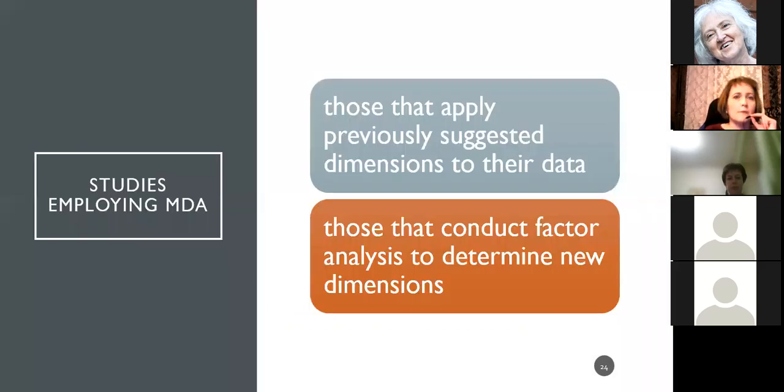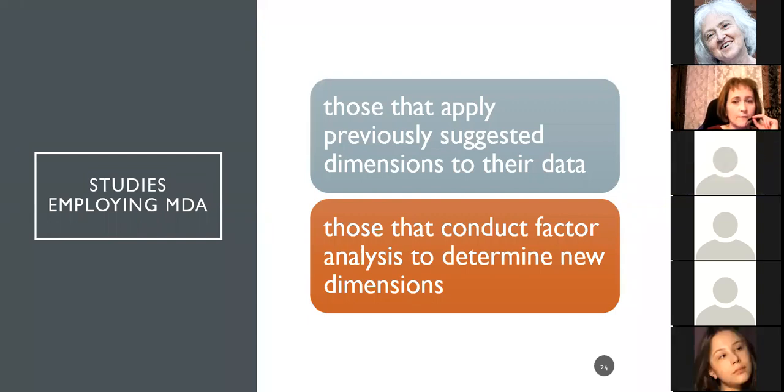So in fact, according to Conrad and Biber, there are 2 types of multidimensional analysis studies. They are those that apply previously suggested dimensions, such as these 6 Biber's dimensions that I have just described, and those that conduct factor analysis to determine new dimensions.